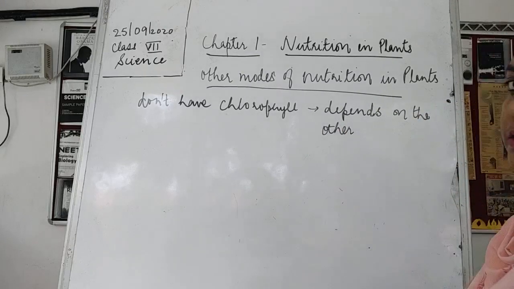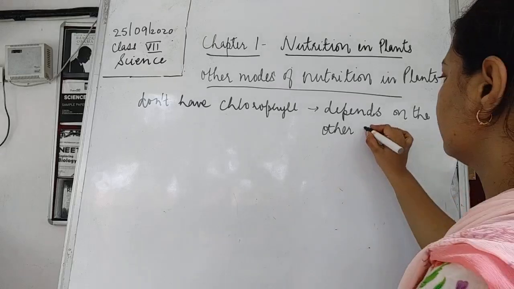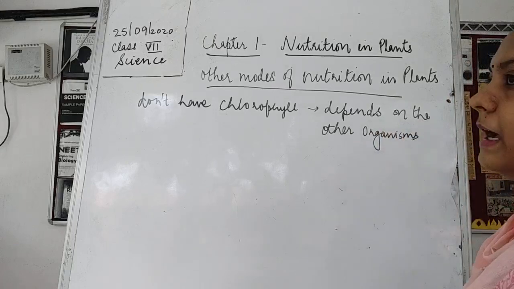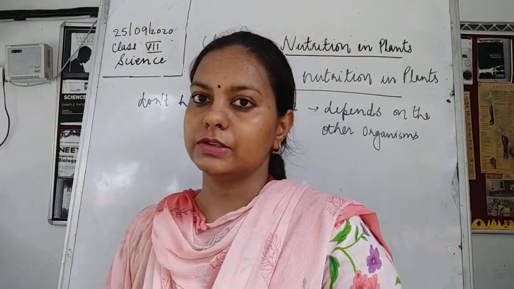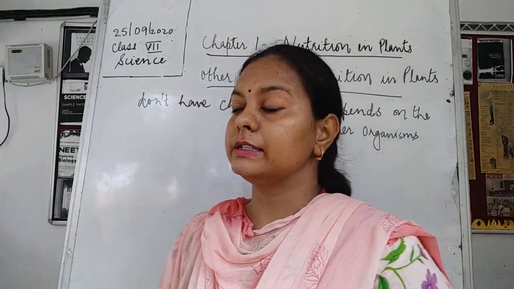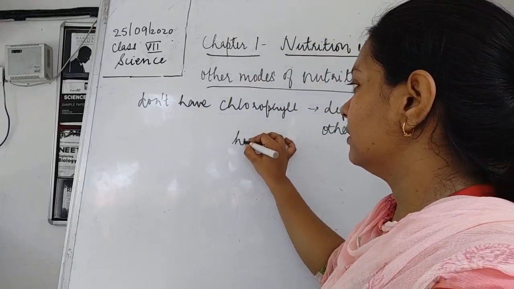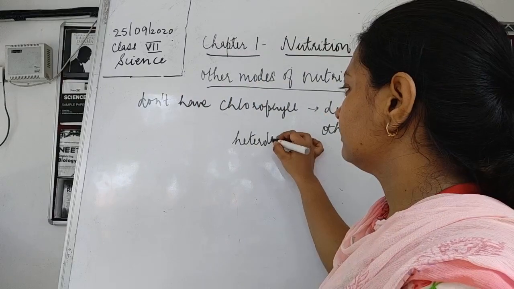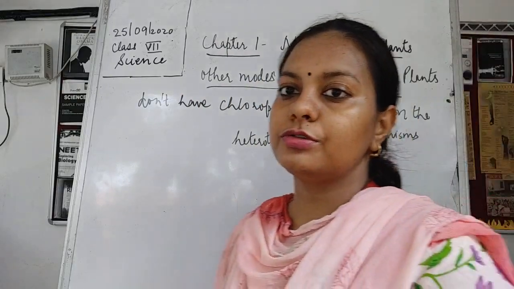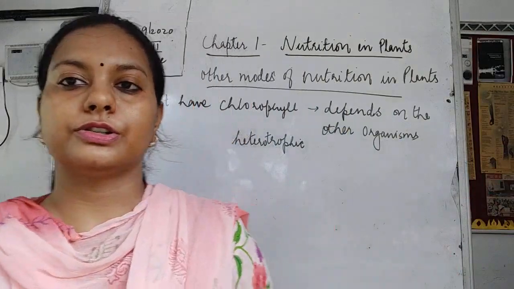They depend upon other organisms, like plants dependent upon other plants. This type of mode of nutrition is said to be the heterotrophic mode. So this is known as the heterotrophic mode of nutrition.